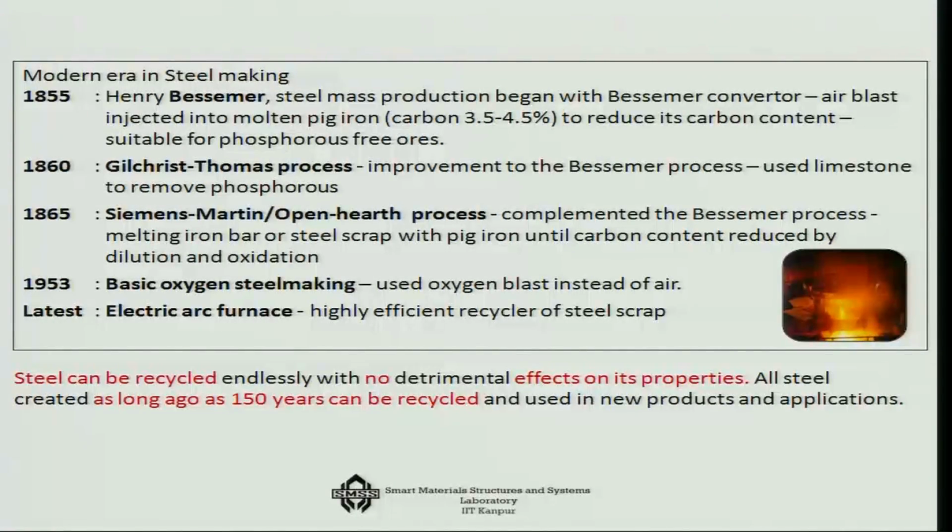So, in the Bessemer process, as you might have studied in your basic courses, it always starts with a Bessemer converter, okay, where you are injecting an air blast into the molten pig iron, and the objective is that you have to mix iron with a limited amount of carbon.